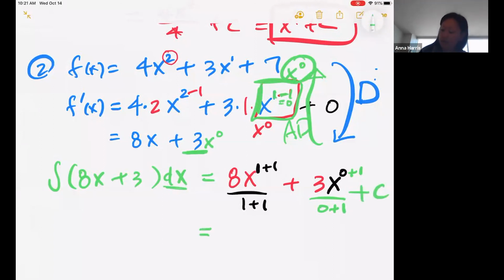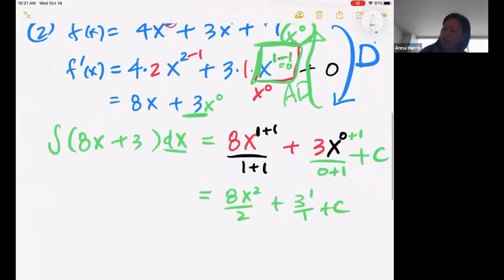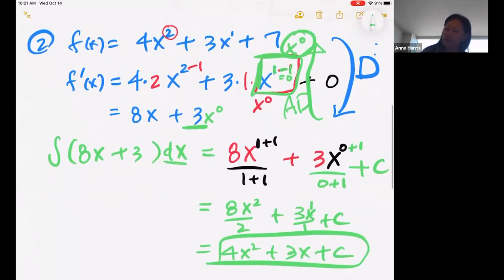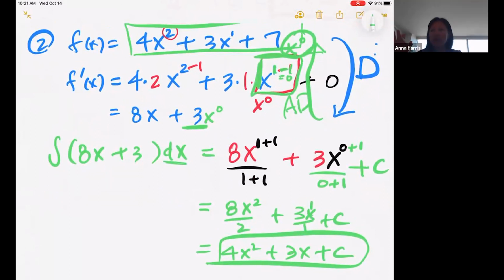So my answer is 8x squared divided by 2 plus 3x to the 1 over 1 plus c. Or I can simply say 4x squared plus 3x plus c, which is the same as this one. Remember the constant, I don't know, it's going to be 7.